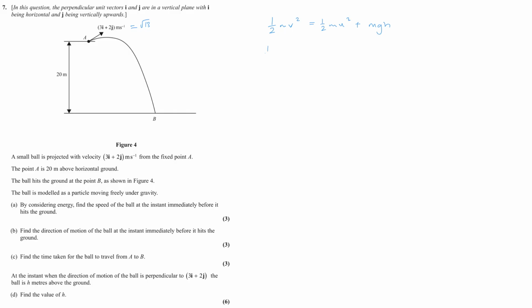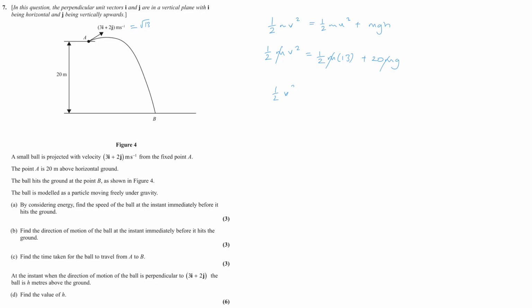So we've got a half mv squared equals a half m times 13. Root 13 squared is 13 plus h is 20, so 20 mg. I can cancel the m's because it appears in every term.